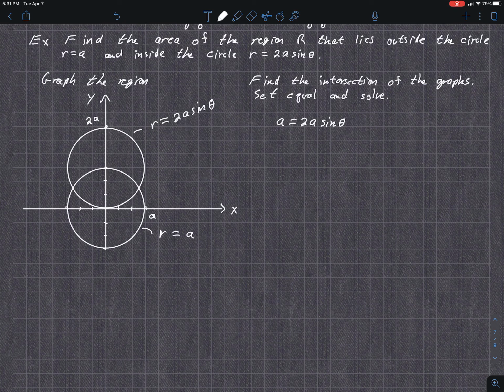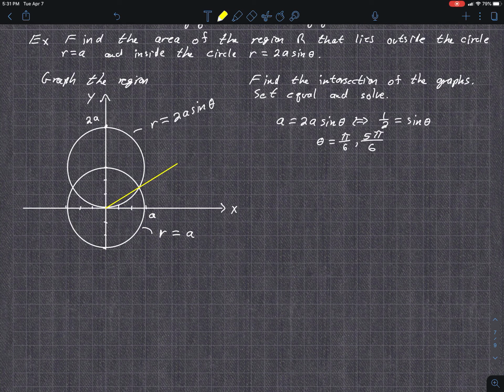So you set r equal to r basically. So you say a is equal to 2a sine theta. And then you simplify that, so that's 1/2 is equal to sine theta. So when is sine theta a half and positive? Right, so that's true if theta is equal to pi/6 and 5 pi/6.